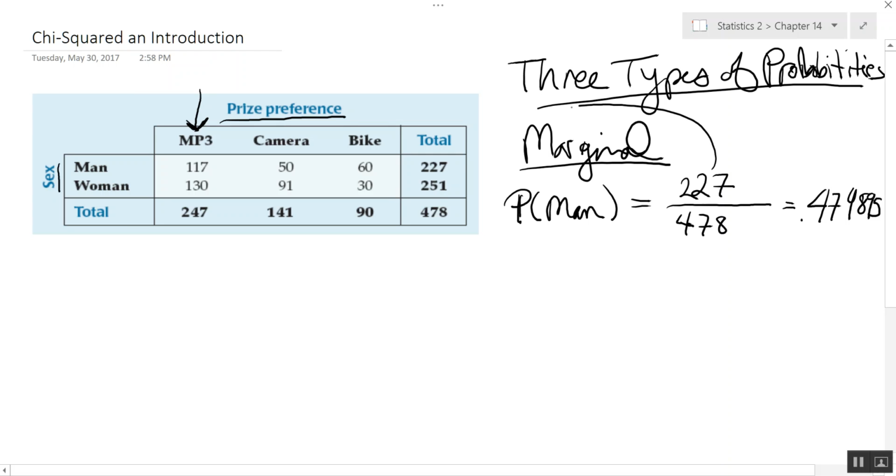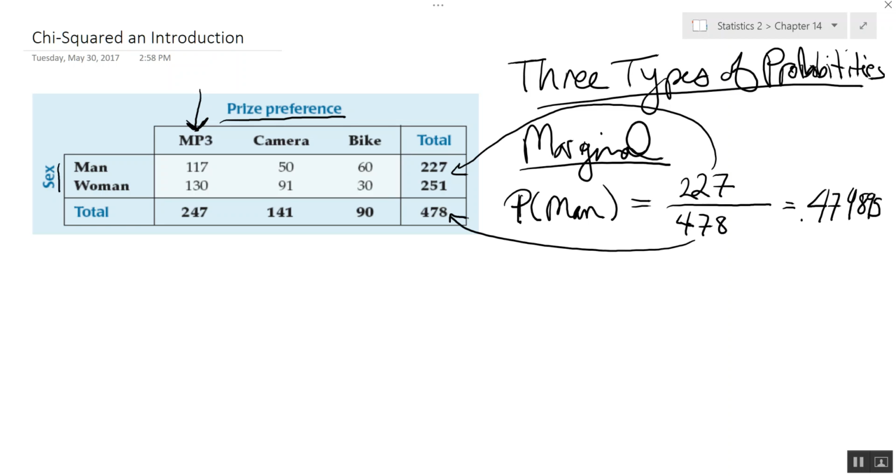That 227 came from a margin, that total came from the margin, there you go. And you notice a marginal ignores the fact that the other variable exists completely. The other categorical variable isn't used at all.